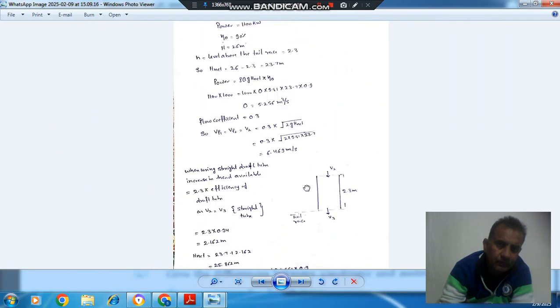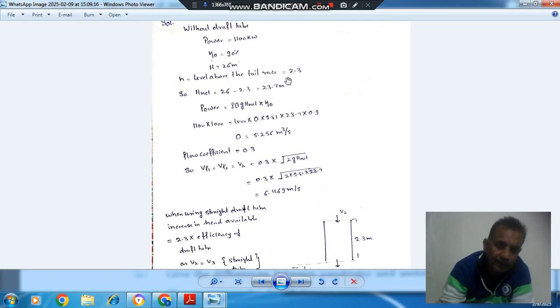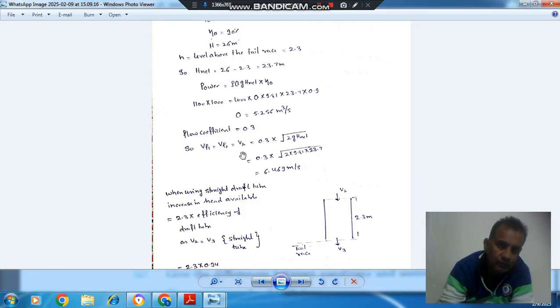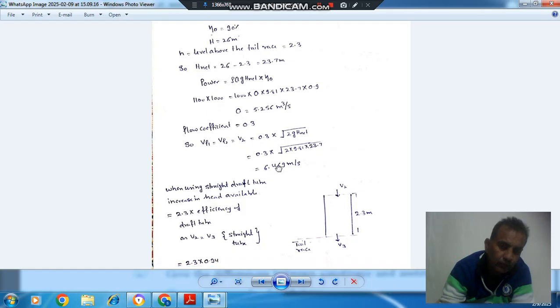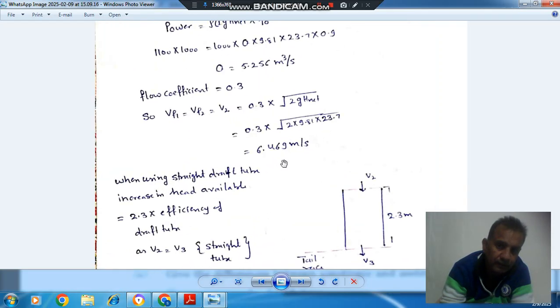First of all, we find H net, that is head at inlet minus height above tail race, so that comes as 23.7, and power is given. From this power we can find out discharge, and the flow coefficient is given, and from this flow coefficient we can find out flow velocity or exit velocity determined without draft tube. That is the entering velocity in the draft tube.